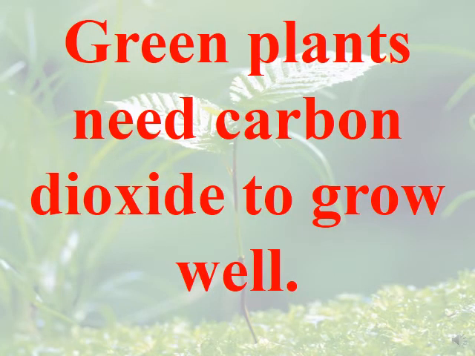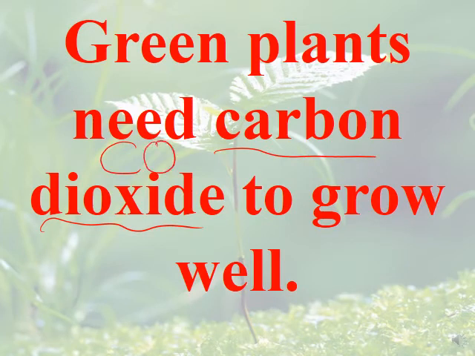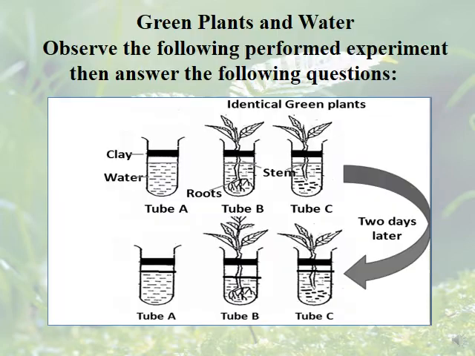Number 4, they need carbon dioxide, CO2, in order to grow well. So the 4 needs are water, mineral salts, light, and CO2, carbon dioxide.